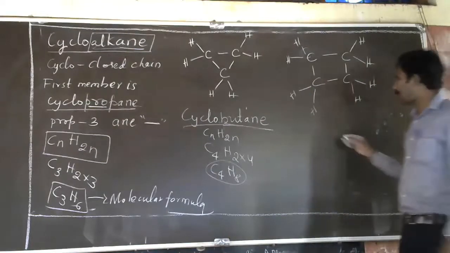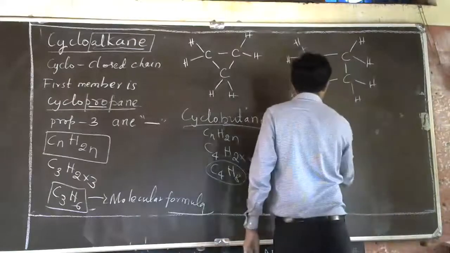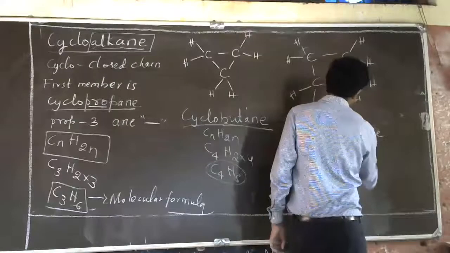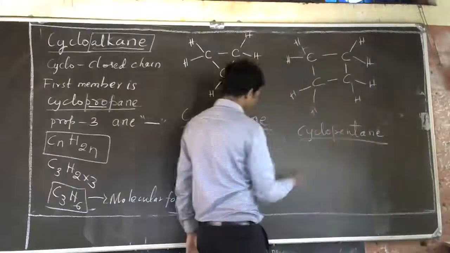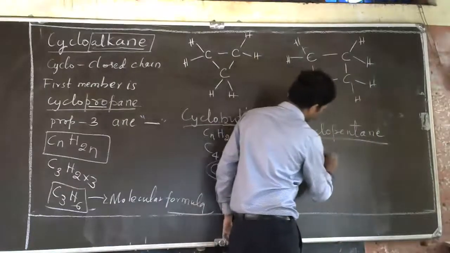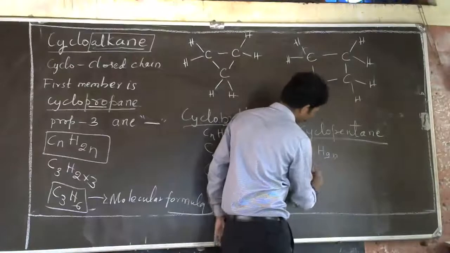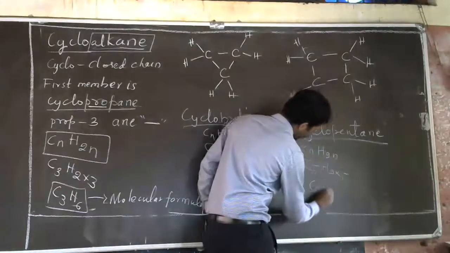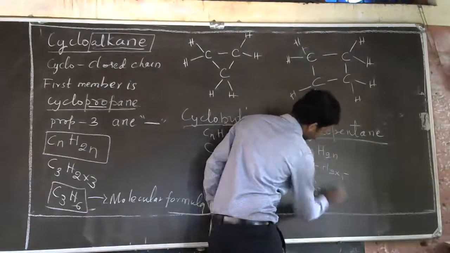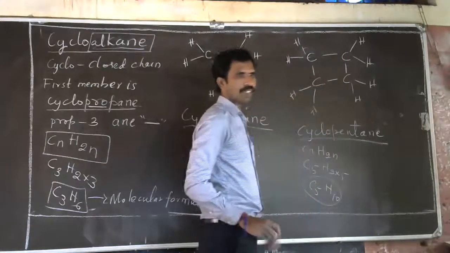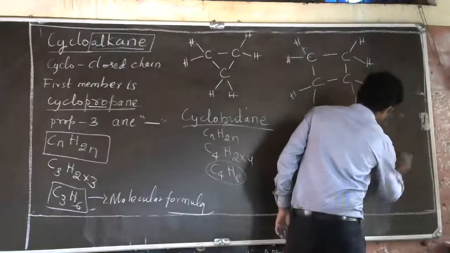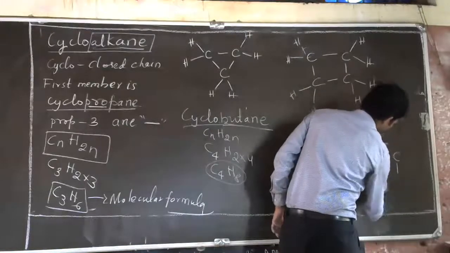Cyclopentane. If you take cyclopentane, it will be like this. CnH2n, C5H2 into 5, so it becomes C5H10. This is the molecular formula. How will the structure be?